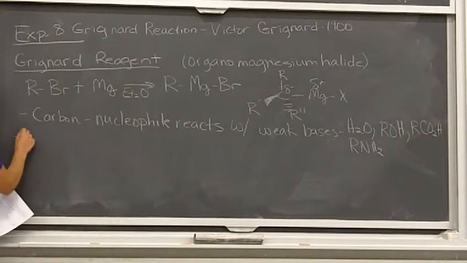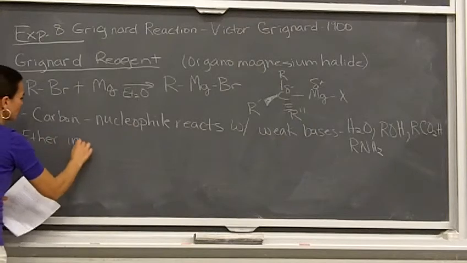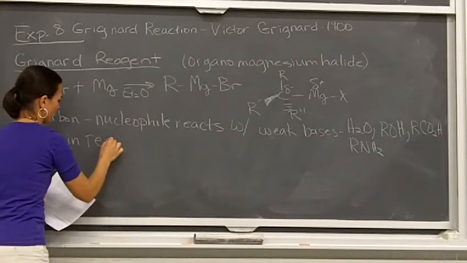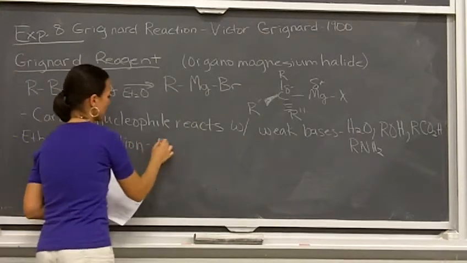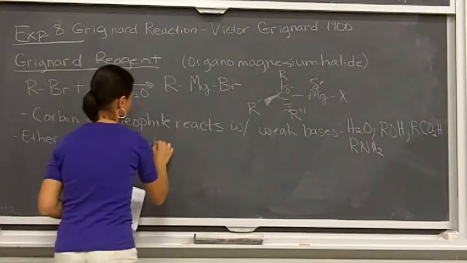The reason that we use ether in this reaction and in the reagent formation is it helps to solubilize the magnesium, okay?